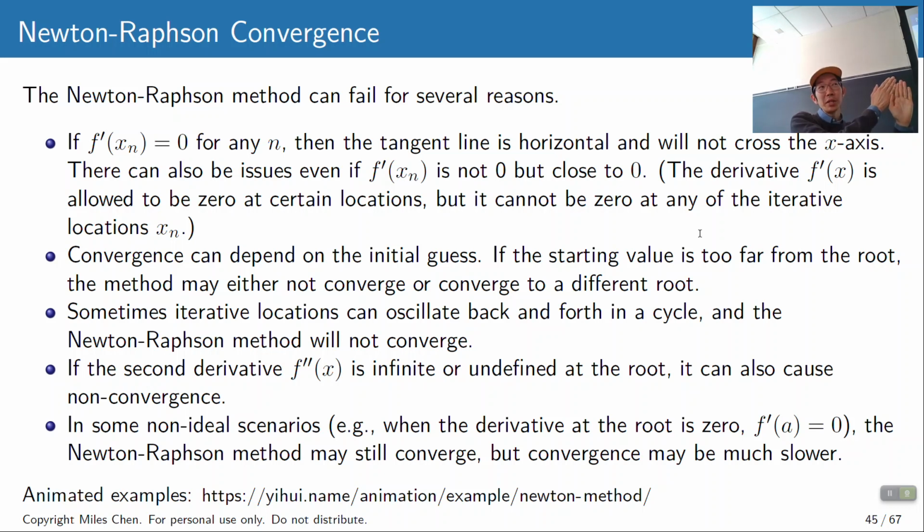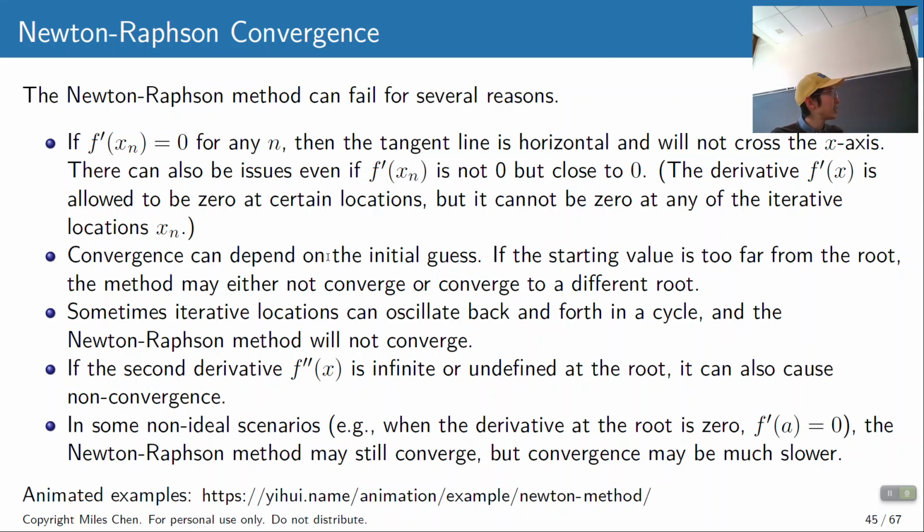If you do, you might be able to solve it just by changing your starting location, and then you're in good shape, okay? So it's fine if the function does have a derivative equal to 0 somewhere. You just can't hit that location during the course of your iterations.